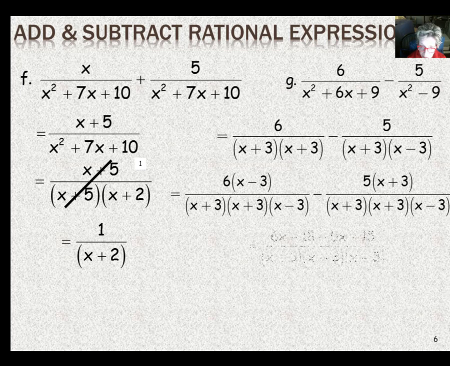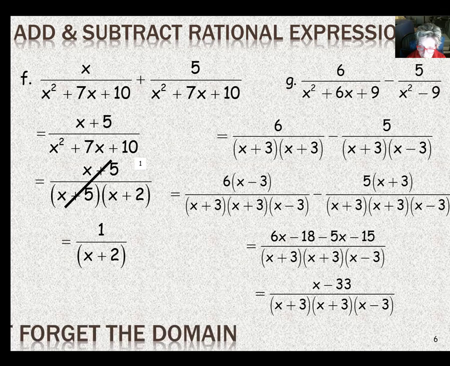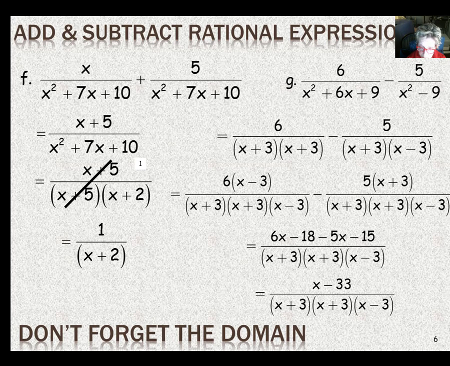So next step, I distribute the 6 and get 6x minus 18, distribute the negative 5, remember I'm subtracting, and get negative 5x minus 15. Watch your signs. Combine the numerator terms, and I get x minus 33 over that LCD.